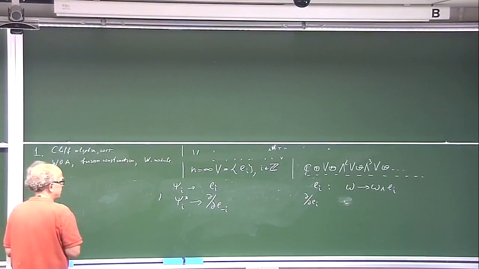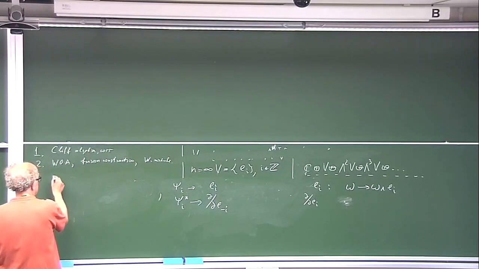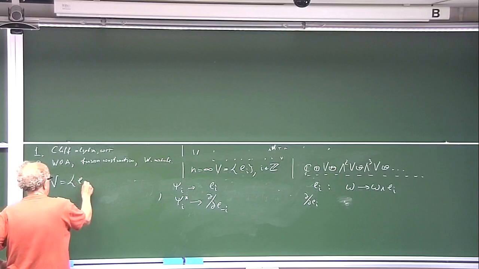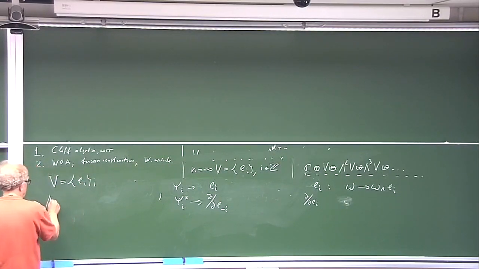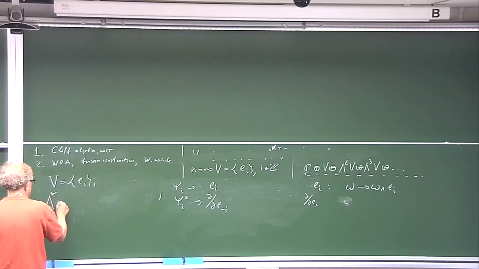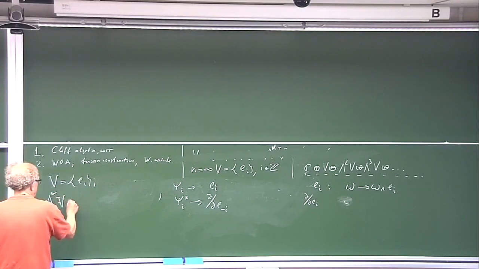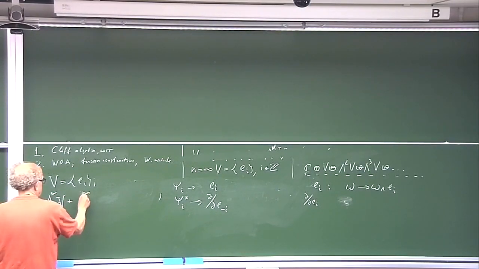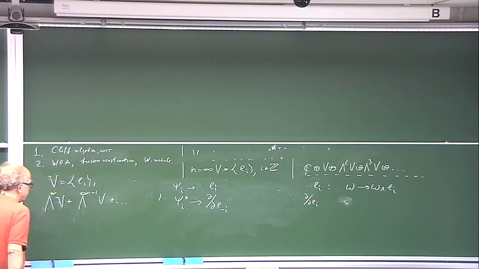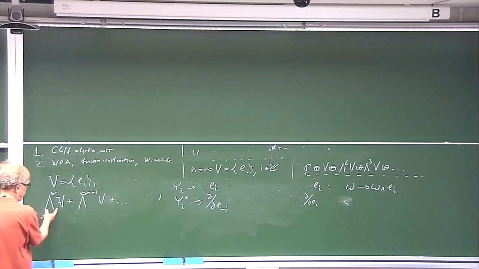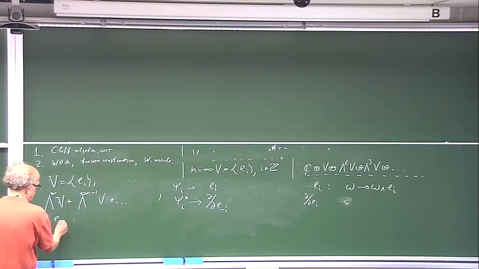But before that, let me say that if I take the same vector space with the basis e_i and take lambda infinity V plus lambda infinity minus 1 V plus and so on, I will explain what this means. This is a one-dimensional space with a basis like this.